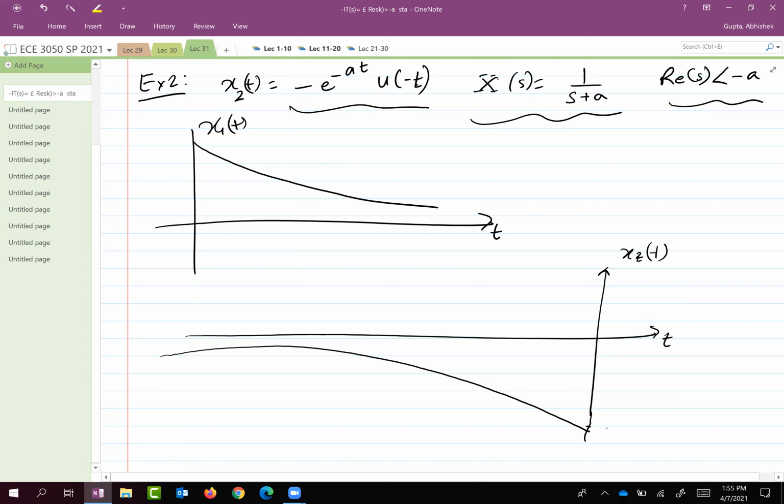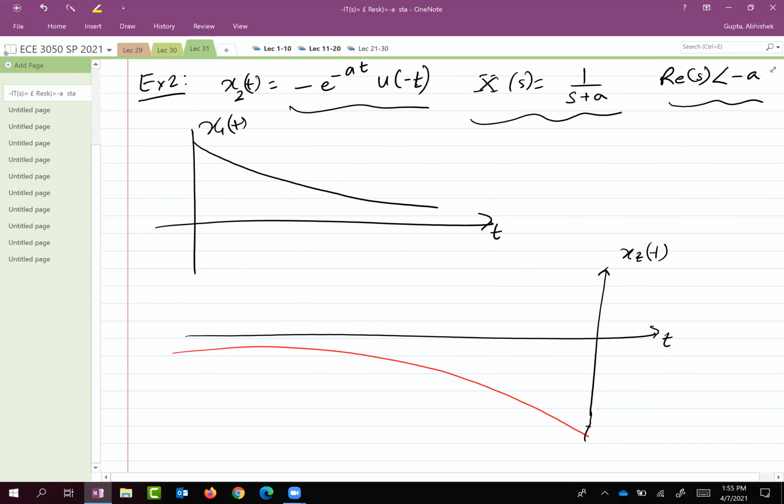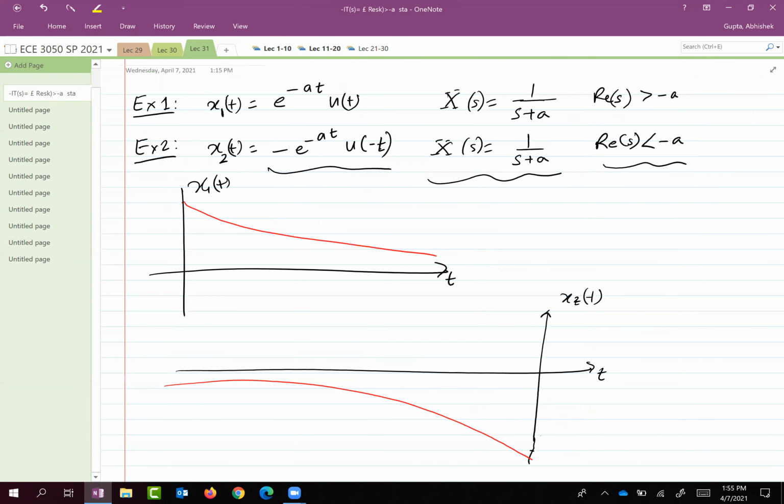This is my x2t. Okay, so the two signals are quite different, and therefore even though the Laplace transform looks the same, because of the region of convergence, the two signals are actually completely different, as you can see from the figure of the two signals.